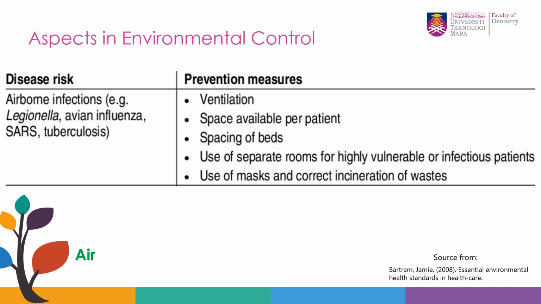So the prevention measures that we can take are: one, ventilation, space available per patient, spacing of beds, or now we do use physical distance from others, use of separate rooms for highly vulnerable or infectious patients, use of masks, and correct incineration of waste. Okay, so these are the preventive measures that we take for airborne infections. Okay, so that is the aspects in environmental control.